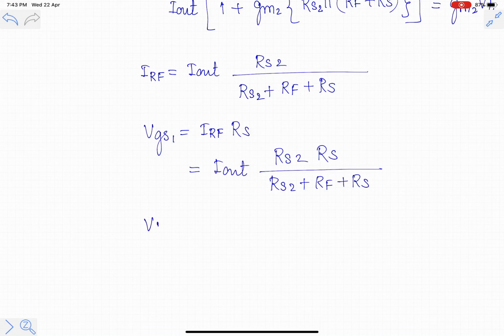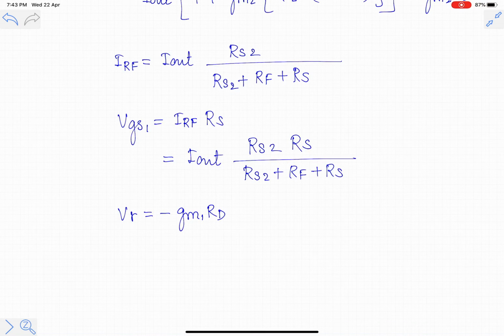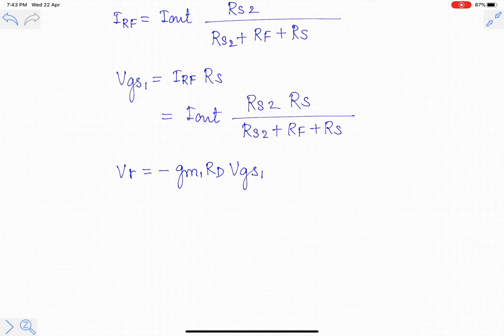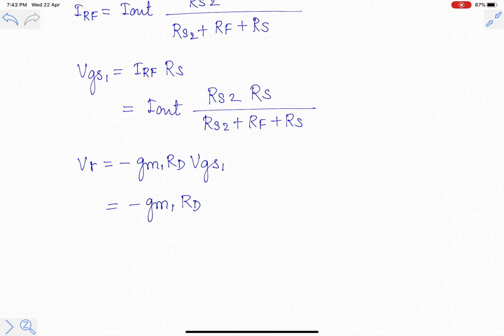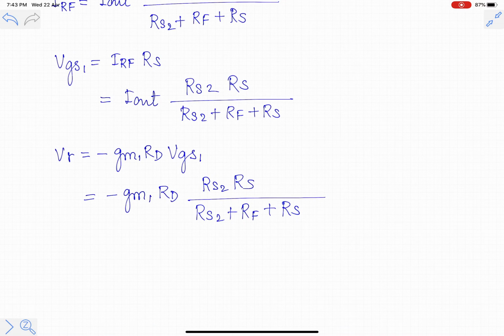Now VR is equal to minus GM1 into RD multiplied by VGS1. So we can write it as minus GM1 into RD into RS2 into RS divided by RS2 plus RF plus RS, multiplied by I out.